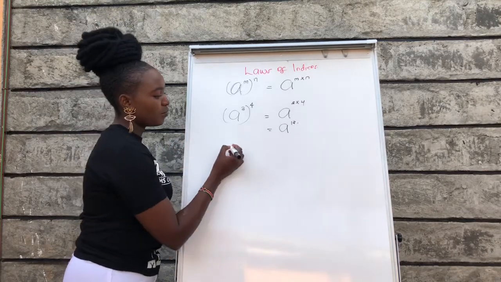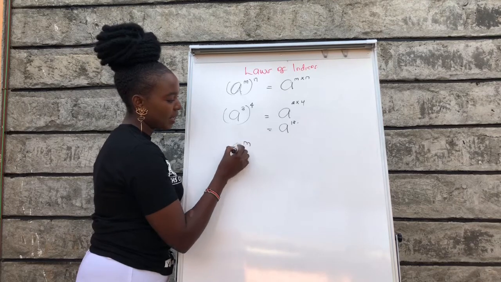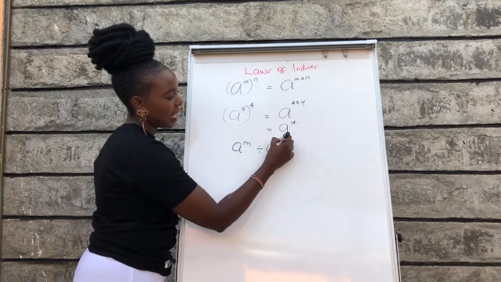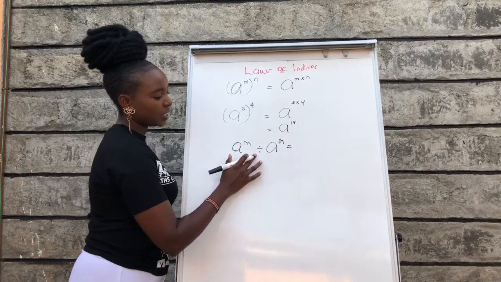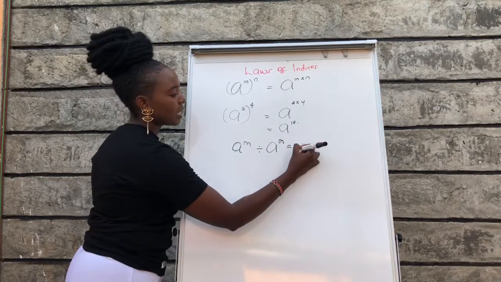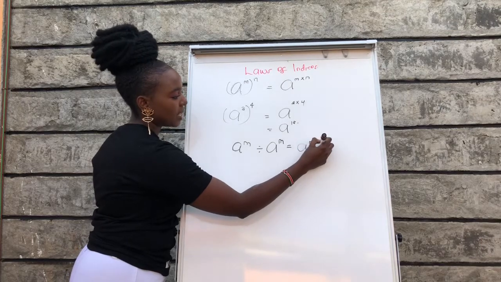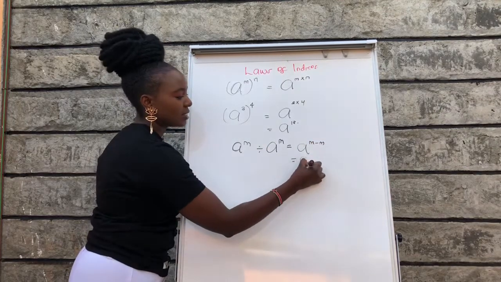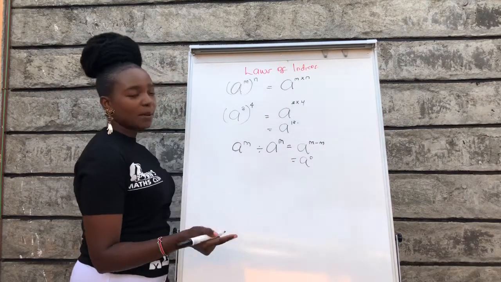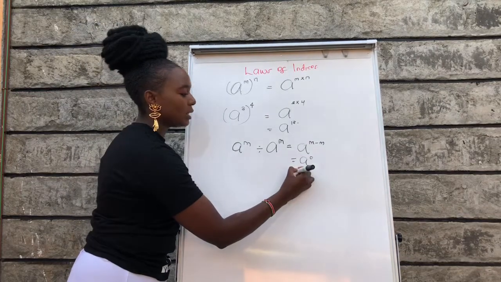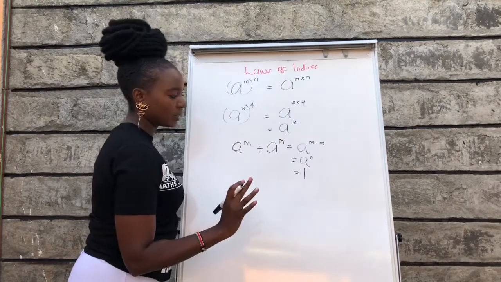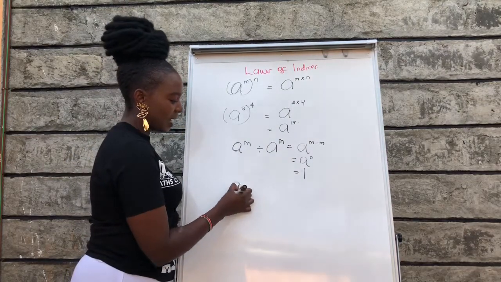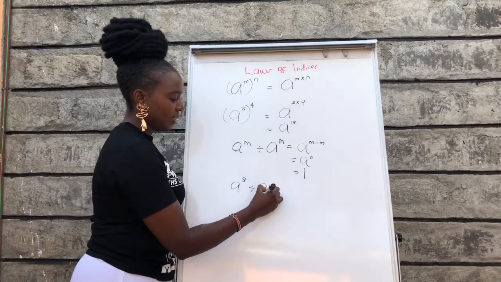Assume maybe you've been given a^m divided by a^m. Like we said, for division, you subtract. So this becomes a^(m-m). M minus m, you remain with 0. So that's a raised to 0. Remember, any number raised to 0 equals 1, always. Let's assume you're given a^3 divided by a^3.